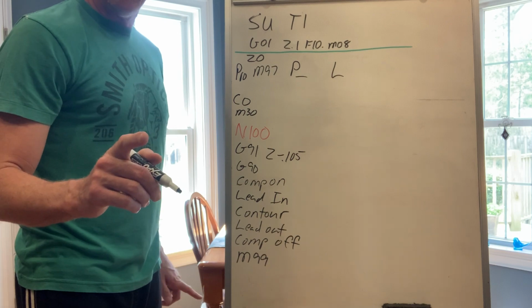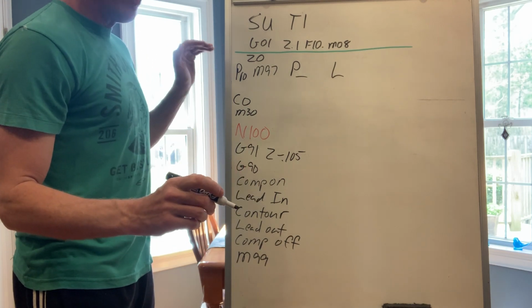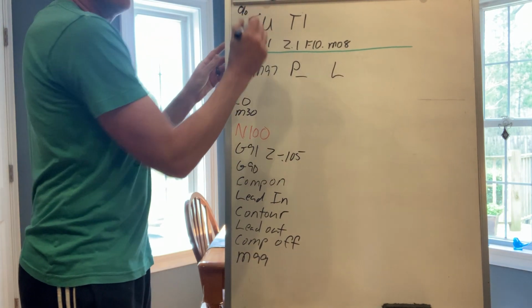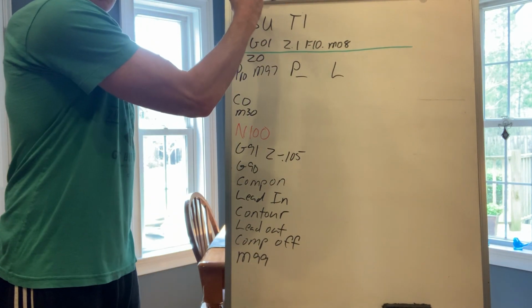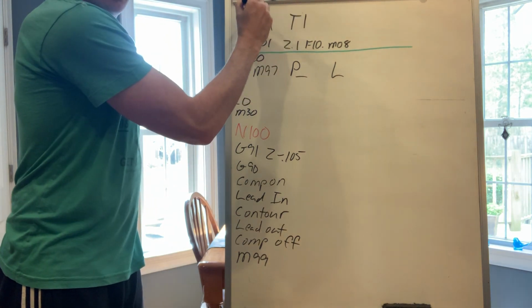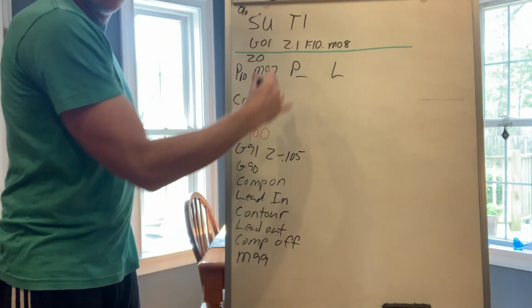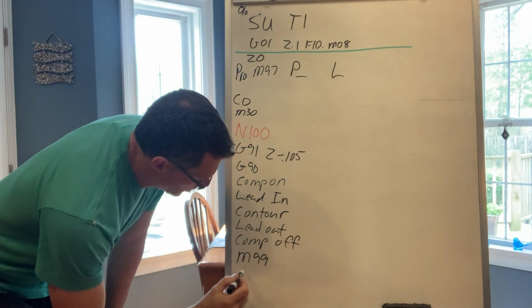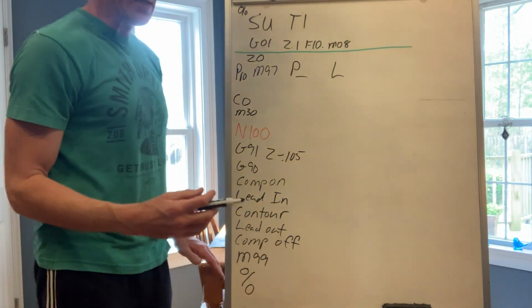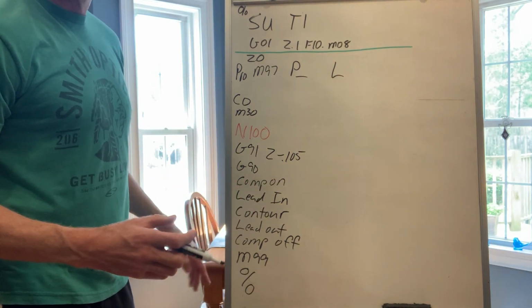But we're not done yet. Because remember, the program only reads between the percent signs, right? So we've got one here with all our stuff, our O line, our safety line, right? Now, the next percent sign goes right here. Because it's going to read all this in between.